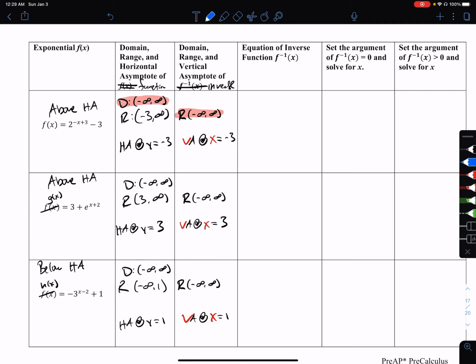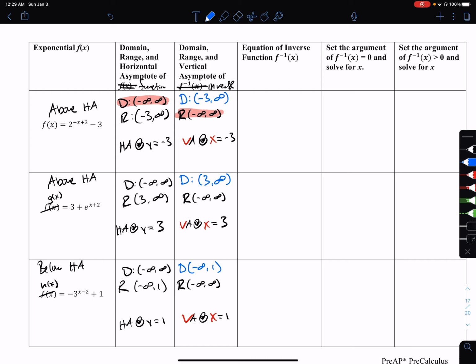So to find the range of this inverse, we just look at the domain of the original function, so it's going to be from -3 to infinity. The domain for g of x is going to be from 3 to infinity. The domain for h of x is going to be from -infinity to 1.